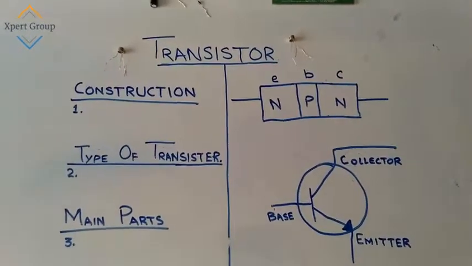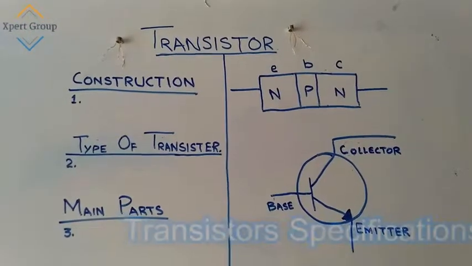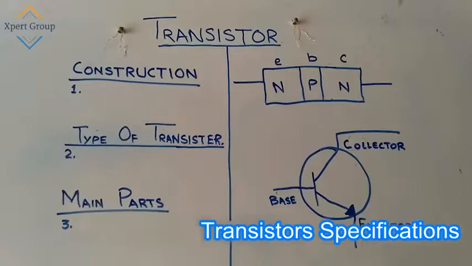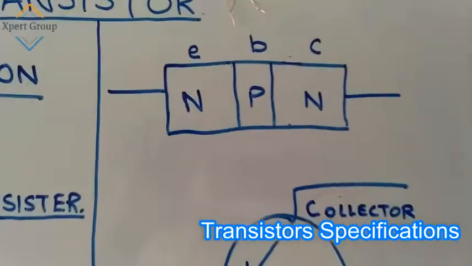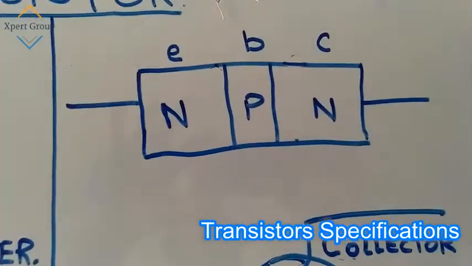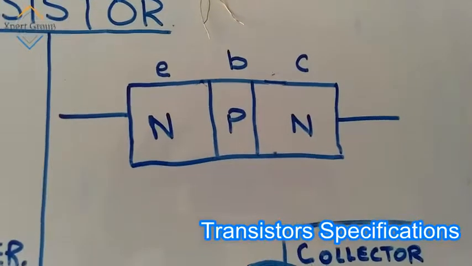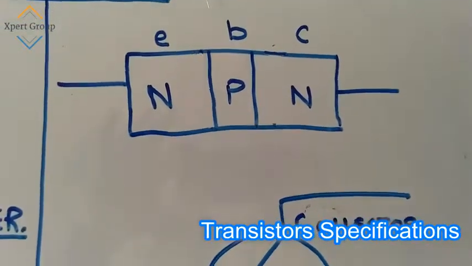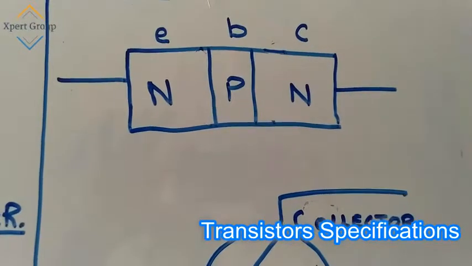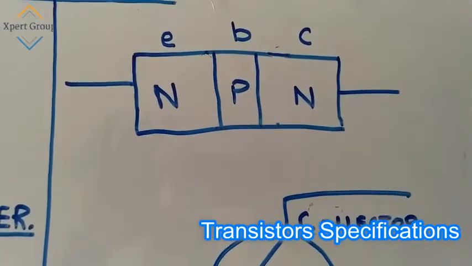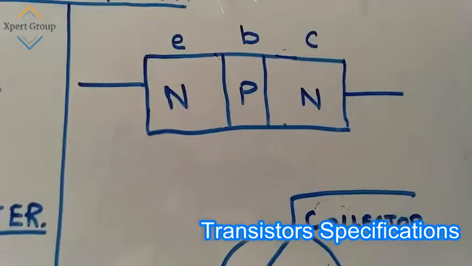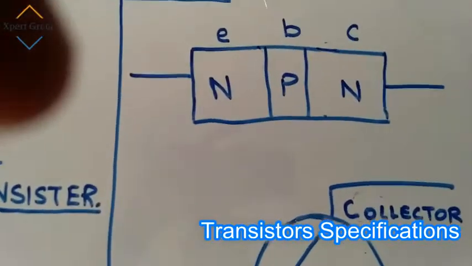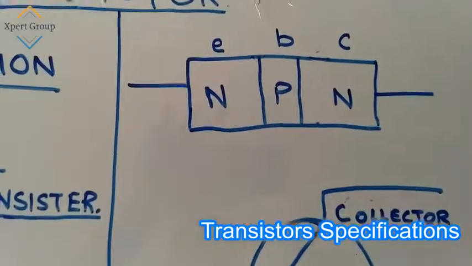Gentlemen, now I will tell you how the transistor is constructed. From this figure, you can see that there are three semiconductor slices: N-type material, then P-type material, then again N-type material. It is a three-layer semiconductor device.